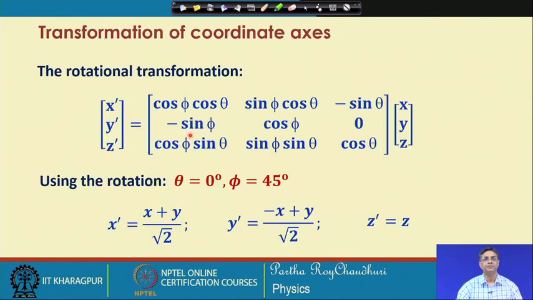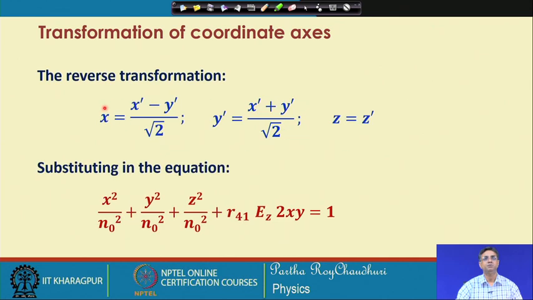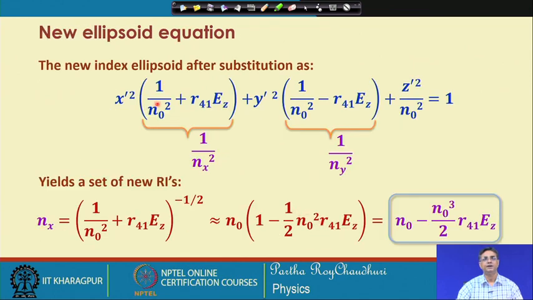Therefore, we need a reverse transformation. x will be represented by this, y will be represented by this and z is anyway equal to z prime. Therefore, by substituting these values of x, this should be y, not y prime, this should be y, if we substitute back into this equation, we can write this equation in this form.